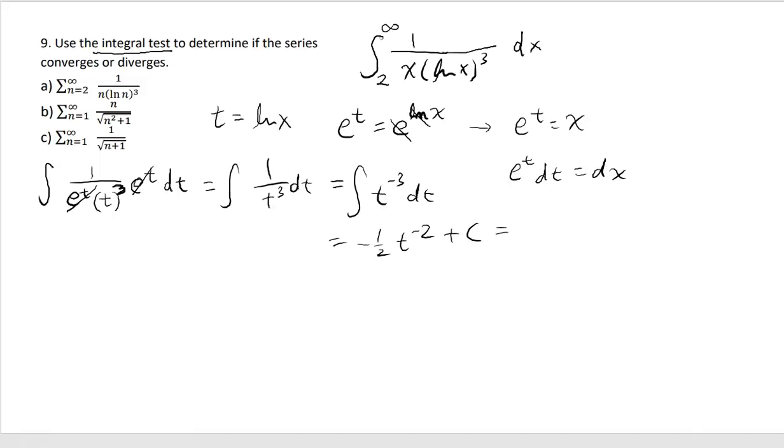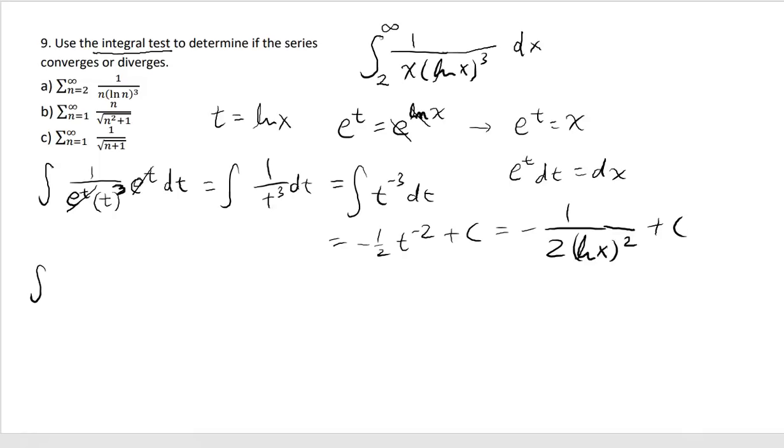But since t is the substitution, we have to bring it back to x as ln x, so at the end of the day you get -1 over 2 times t squared, and since t is ln x, we have -1 over 2 (ln x)^2 plus c. Now what does that mean for this integral?